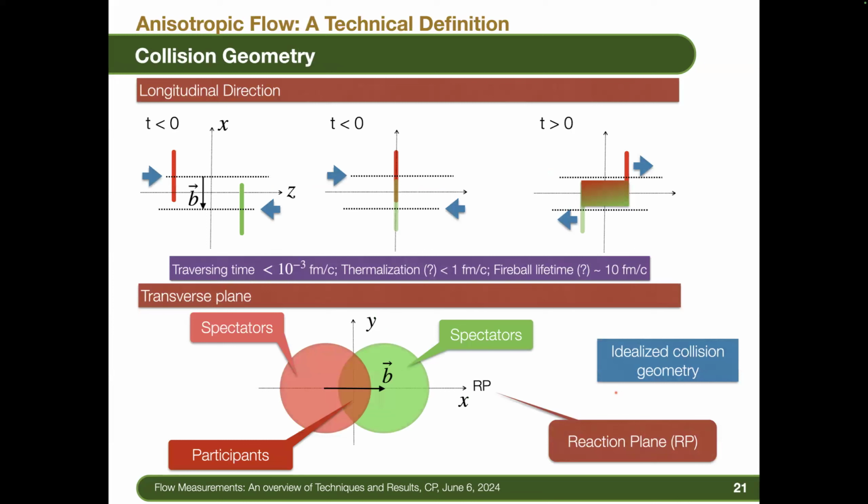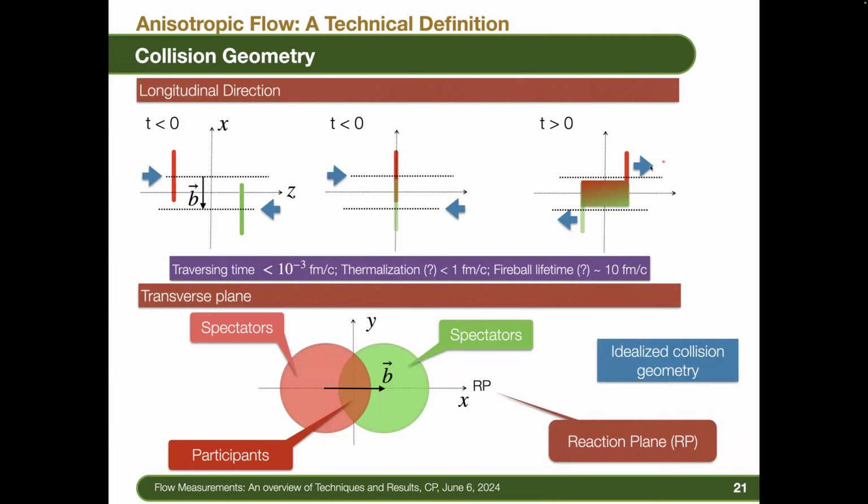Again, let me bring this back to this schematic picture, but now I'm going to look at it in steps. Before the collisions, this is what we see: one nucleus is coming from the left, the other is coming from the right, and there is some impact parameter between the two. As they interpenetrate one another, there is the overlapping region, the participant region, and then there are spectator regions.